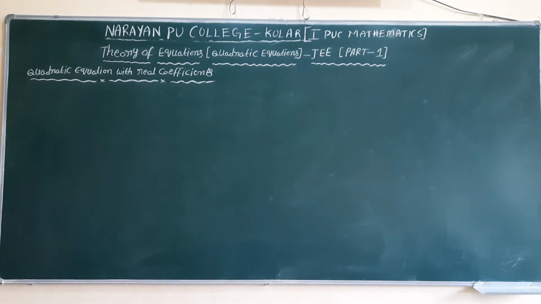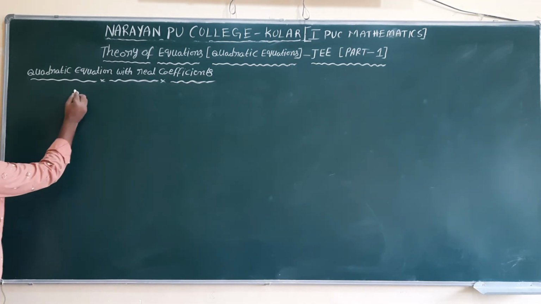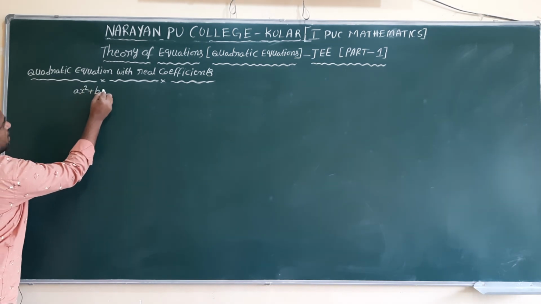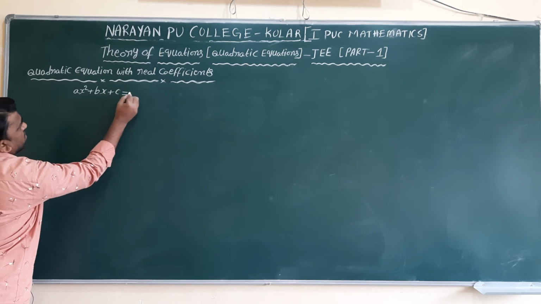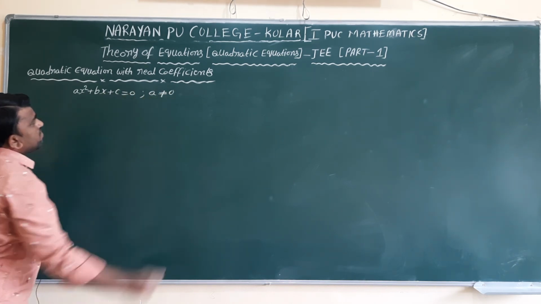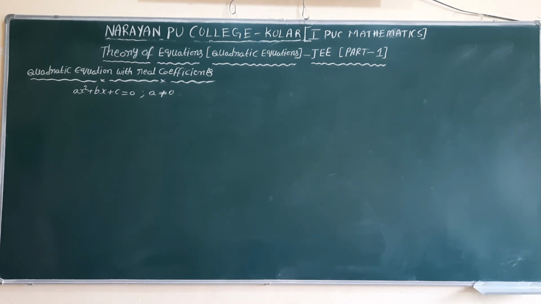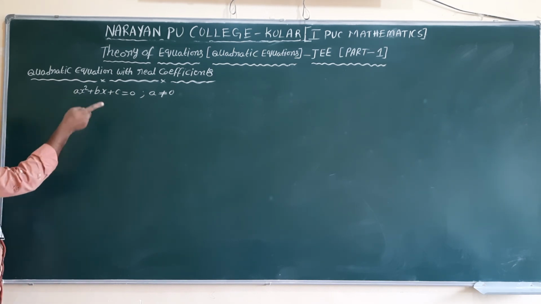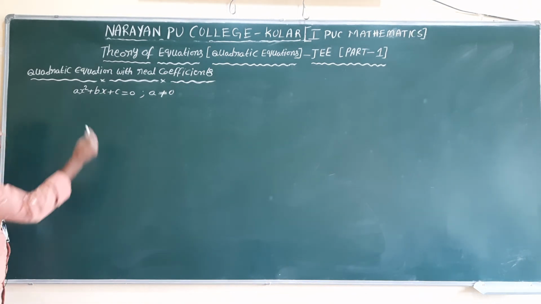So we know the general form of the quadratic equation, ax square plus bx plus c equal to 0, a is not equal to 0. Compulsorily the x square coefficient must be not equal to 0, then only we can define the quadratic equation. So we know how to calculate the roots of the equation, or otherwise the solution of the quadratic equation.